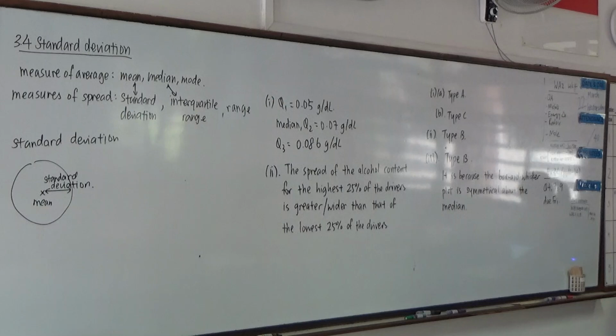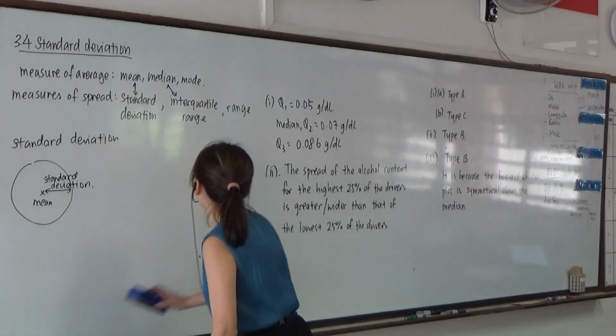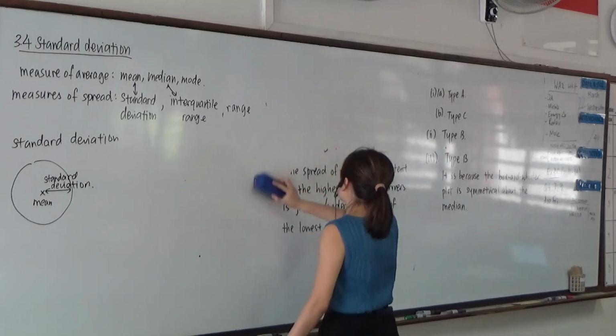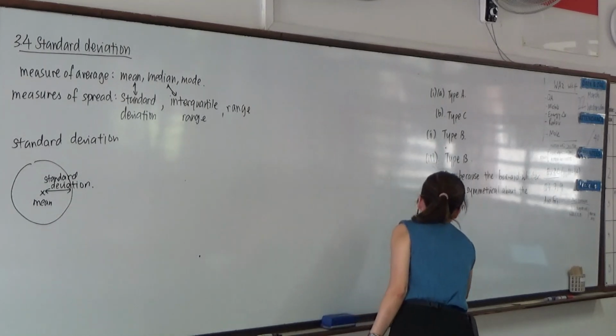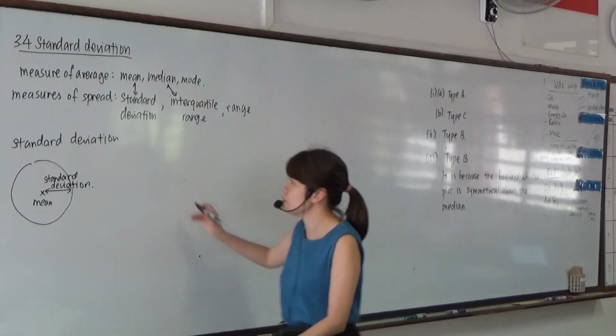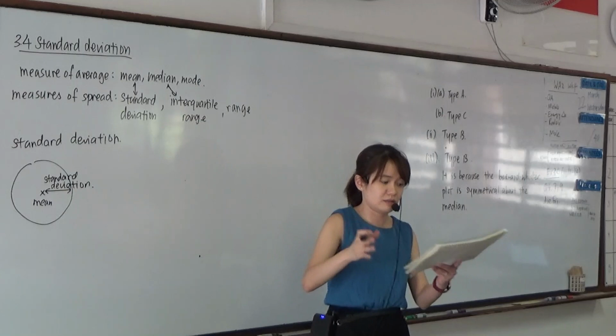Okay? There is a formula for standard deviation which you will find in your formula list. But with our calculators, very rarely we need to use it. So long as you know how to press your calculator, you're fine. Right?